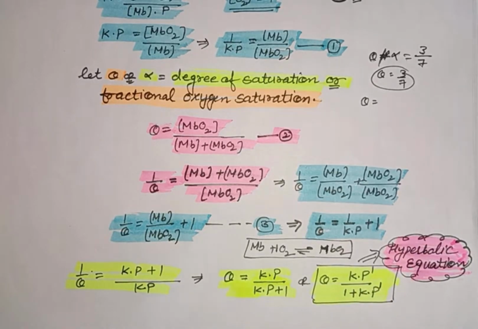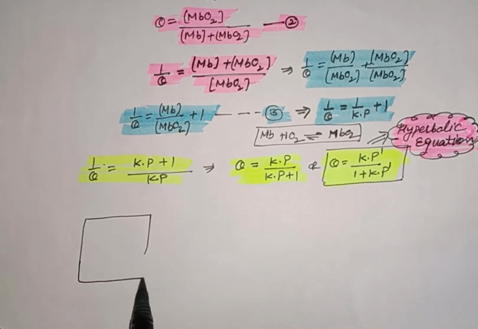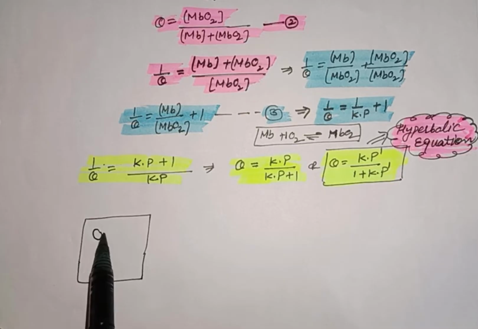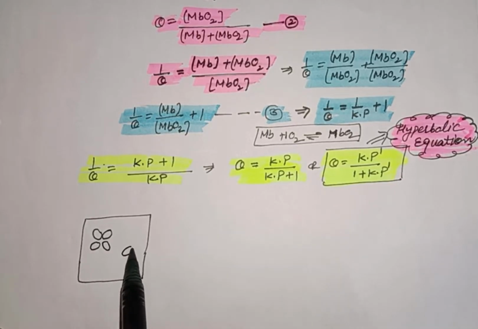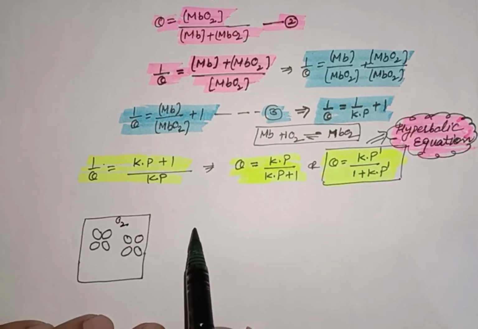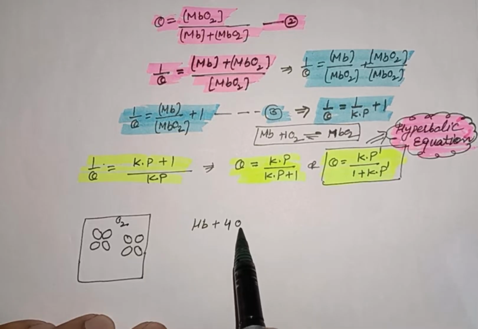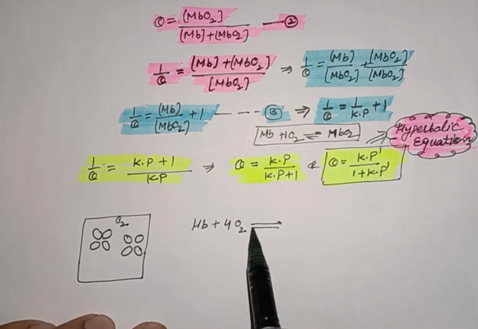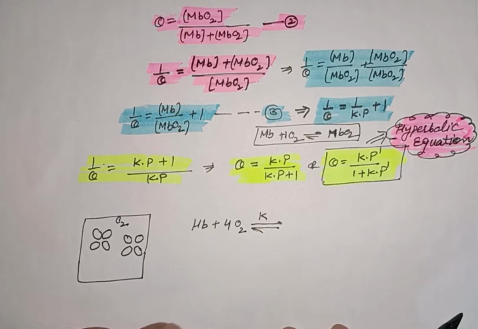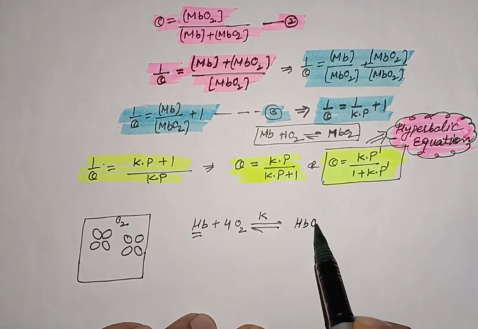In the case of hemoglobin, as we know, each hemoglobin molecule has 4 heme groups, and there is competition between the oxygen molecules and heme groups to attach the first oxygen. So suppose this is Hb, and we have 4 O2 molecules, and at equilibrium, let K be the association constant or binding constant for hemoglobin, and the product becomes HbO2 4.